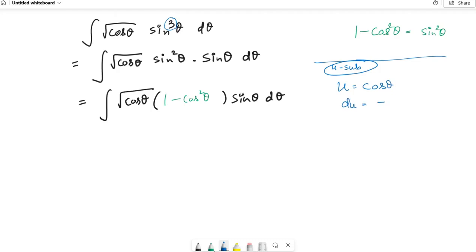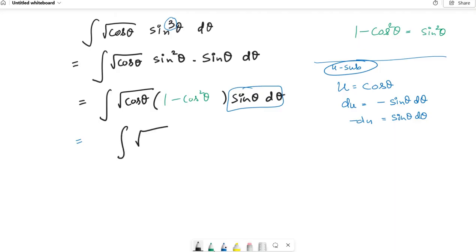Differentiating that would be du equals negative sine theta d theta. We have sine theta d theta in the question. So sine theta d theta will become negative du.